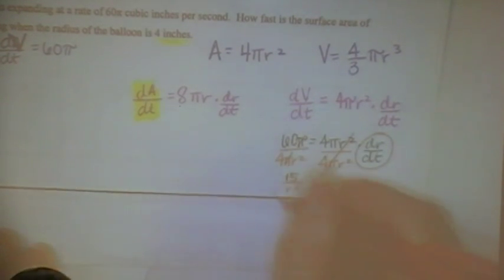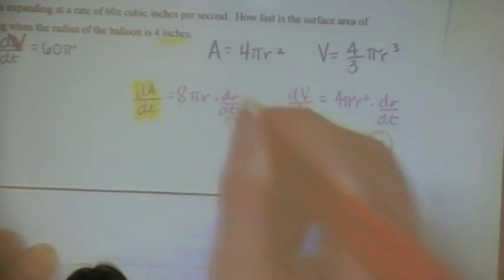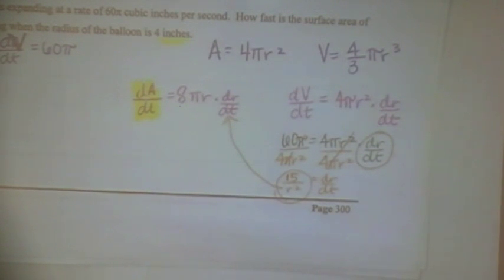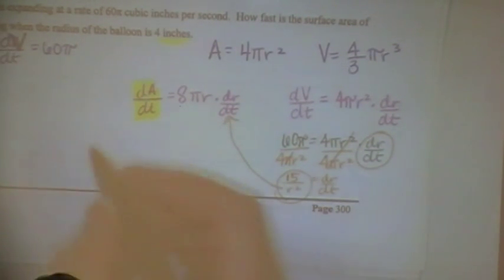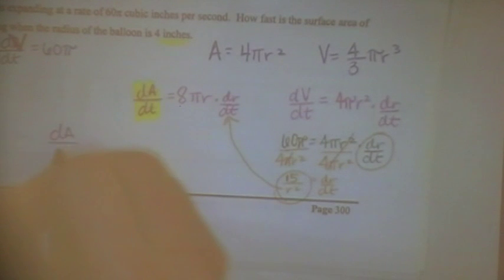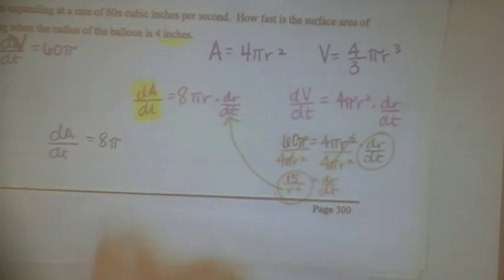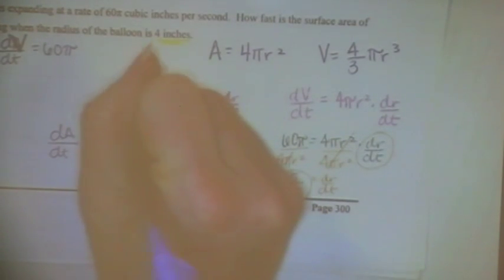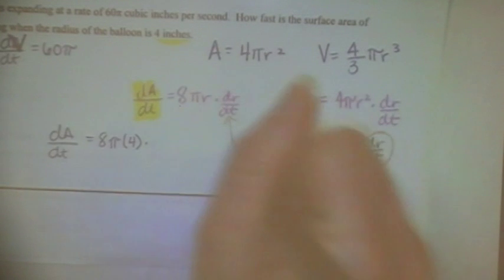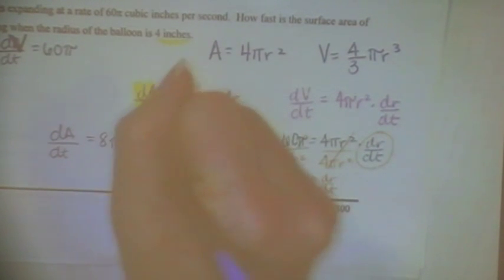Now I'm going to plug that right here, and I'll be able to get what I'm looking for. So dA/dt equals 8 pi, and they said our instantaneous radius is 4, times dr/dt, which we found to be 15 over r squared, or over 4 squared.